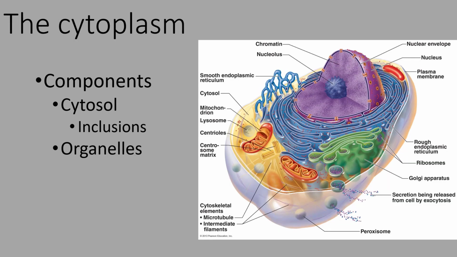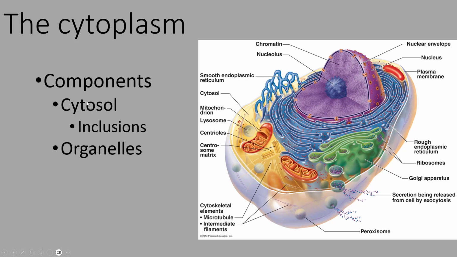All right, so now we're going to move away from the nucleus and we're going to look at the other contents of the cytoplasm. Remember, the cytoplasm had two parts. It had the liquid part called cytosol and the little structures called organelles.